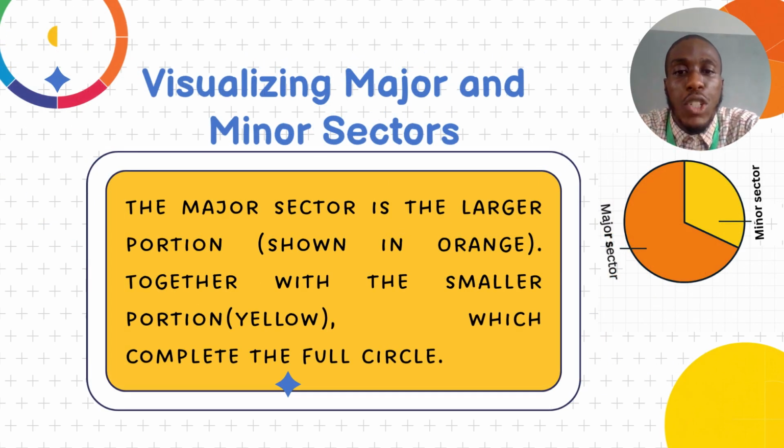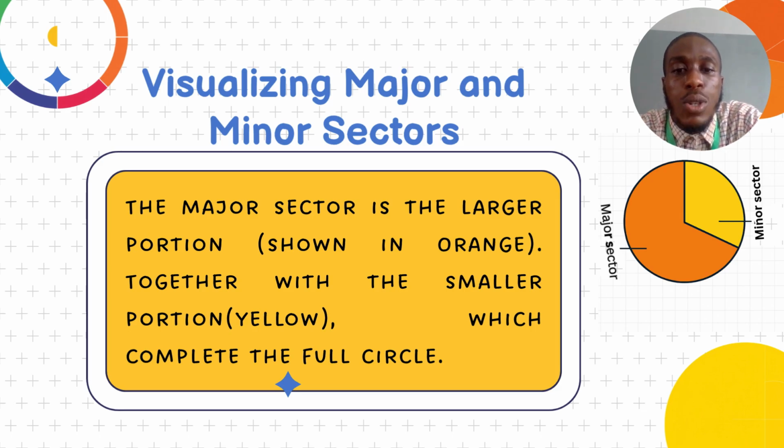We have our major sector and our minor sector on the circle on the right hand side. The major sector is the larger portion of the circle formed by the two radii and the arc. It is called major because it is the larger portion, as shown in the orange portion of the circle.